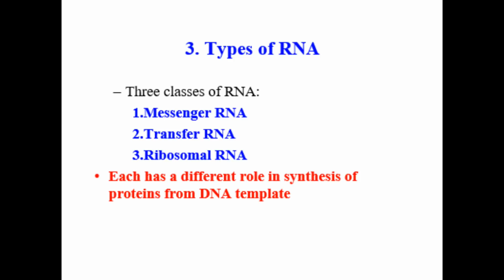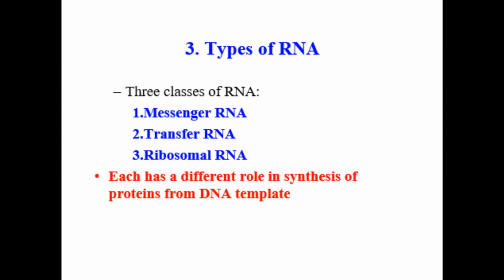They're all 3 different, but I have a hard time remembering what they do. Well, each one of them has a different structure. Each one of them has a different lifespan. Each one of them has a different role, but they're all 3 involved in taking information from DNA, taking that information out to the ribosome, and there making a protein based on information in DNA.